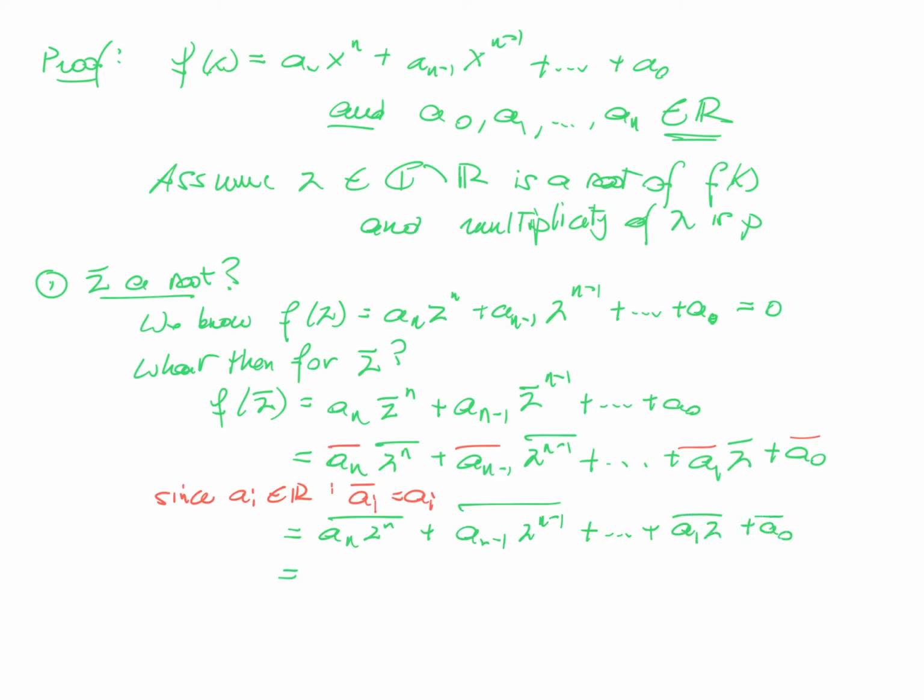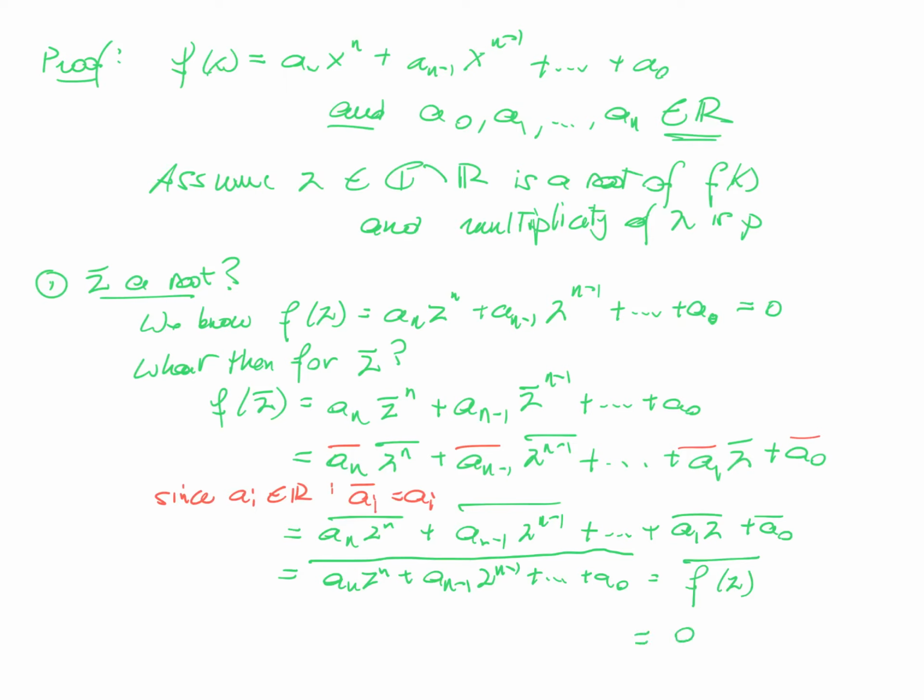And we also know that the conjugate of a sum is the sum of the conjugates. So this is a_n z to the power n, a_(n-1) z to the power n minus 1, and so on to a_0. And then the conjugate of this entire expression, which is just f of z conjugate.